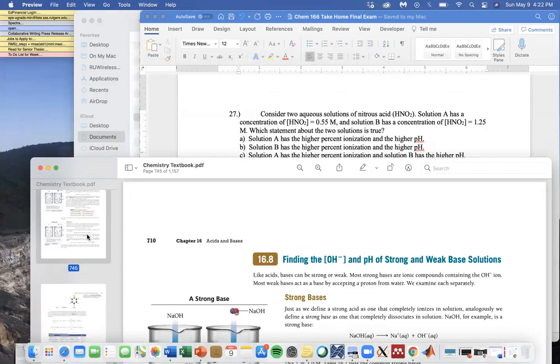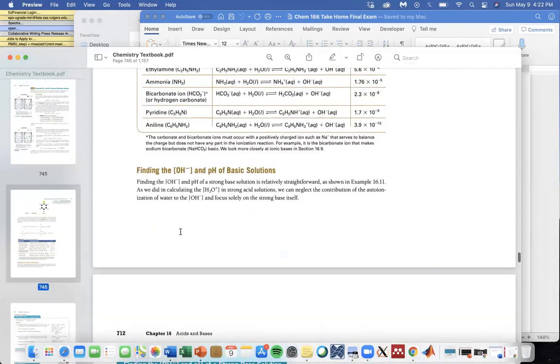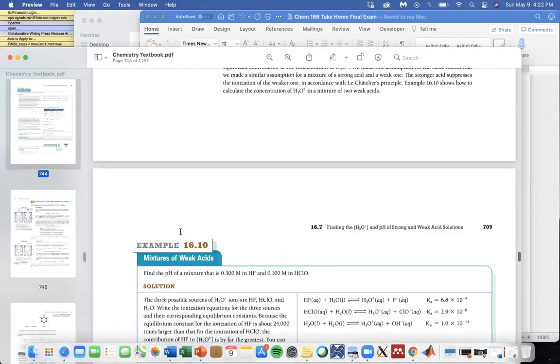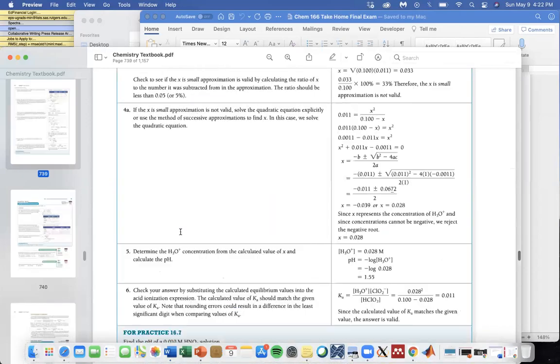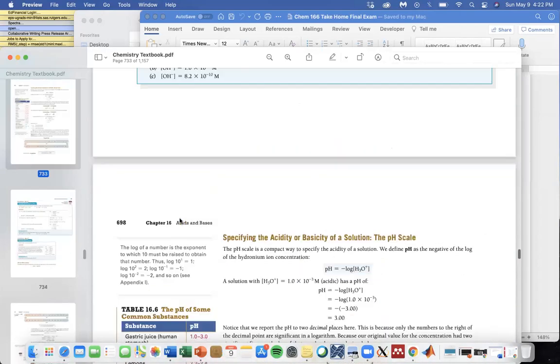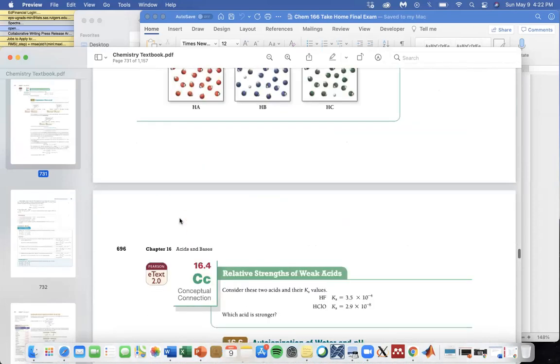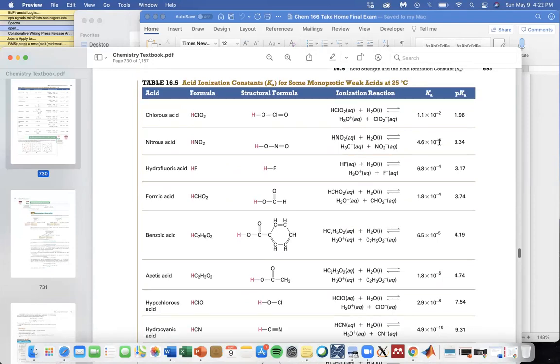Okay, so here's acids and bases. I'll just grab HNO2. So the Ka is 4.6 times 10 to the negative 4.